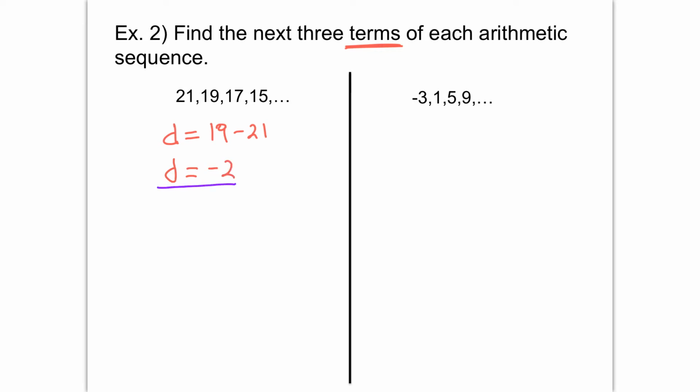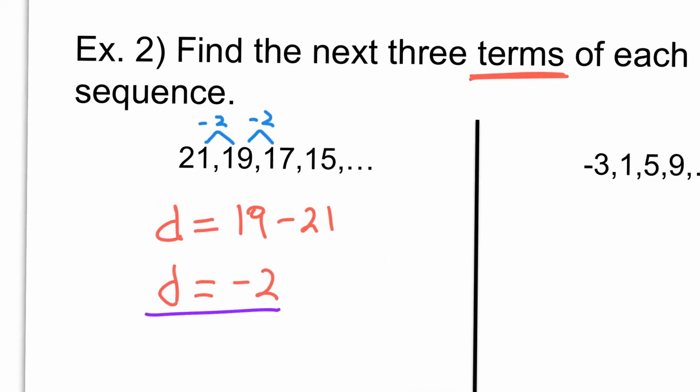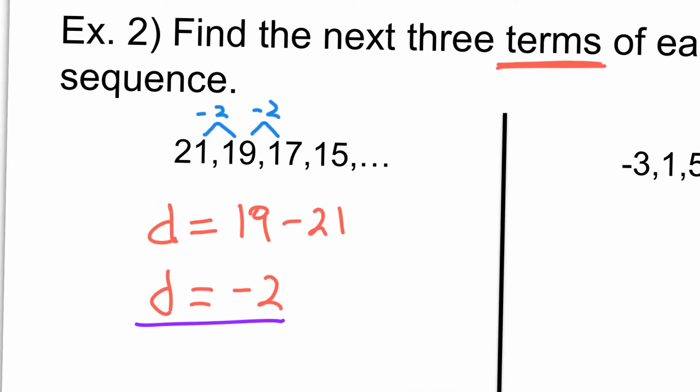From 21 to 19, you subtract 2. From 19 to 17, you subtract 2. Let me just zoom in here because I need more space to write. From 17 to 15, we subtract 2.